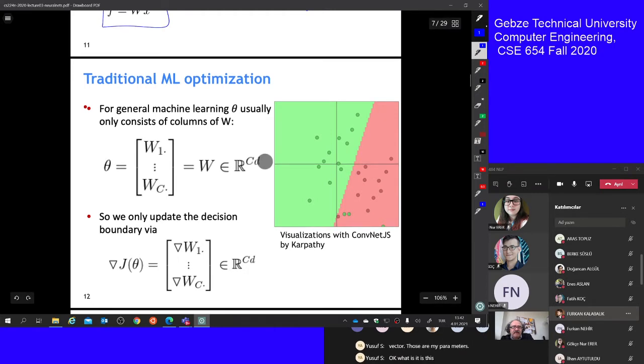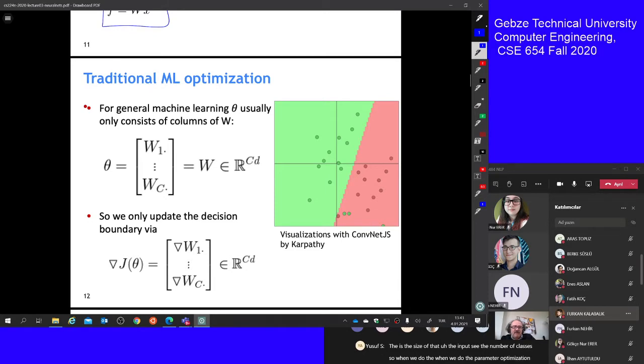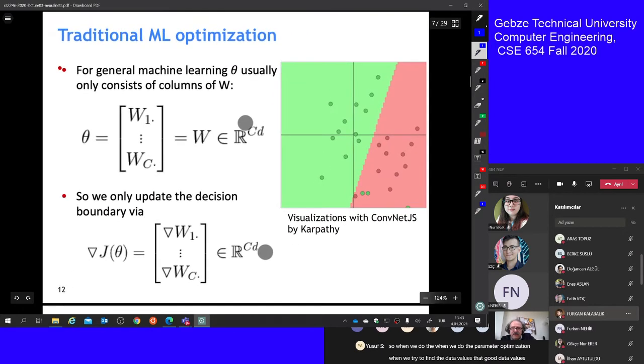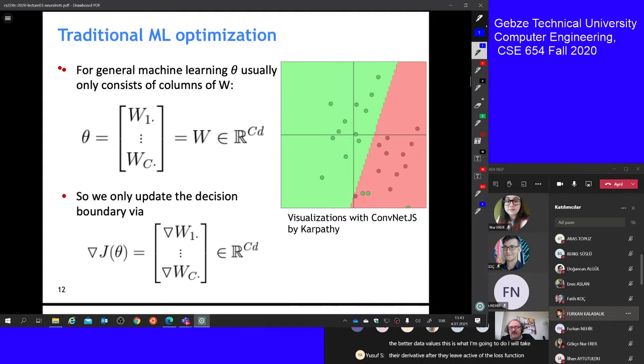It is the size of the input. C is the number of classes. So when we do the parameter optimization, when we try to find the better theta values, this is what I am going to do. I will take the derivative of the loss function with respect to the parameters, and that's where the stochastic gradient descent, which we learned last time, is going to reach.